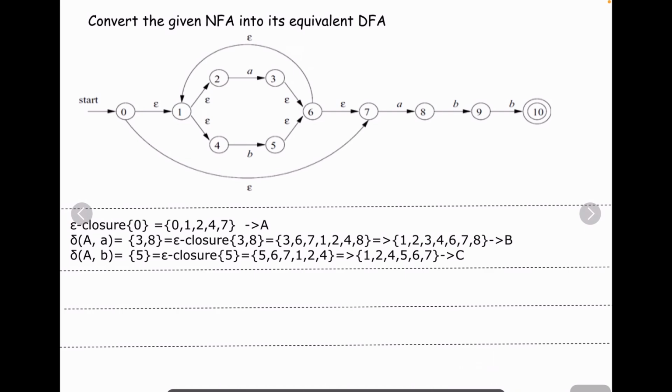Similarly for delta of A comma b, where do you have the transition on b? There is only one transition, 4 to 5, so that is only 5. What is the E-closure of 5? From 5 you can reach 6, 7, and without taking an input from 1 you can reach 2, then 4.